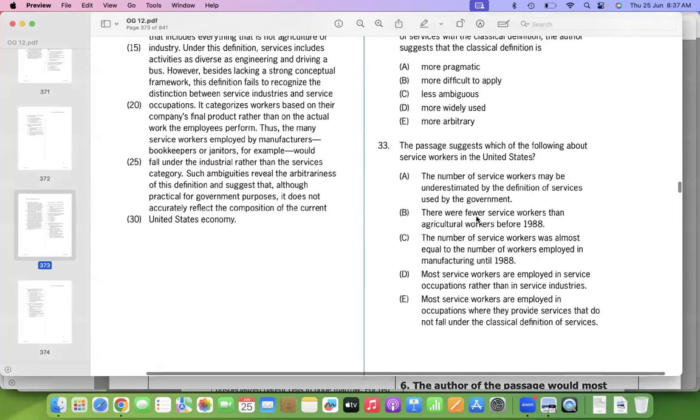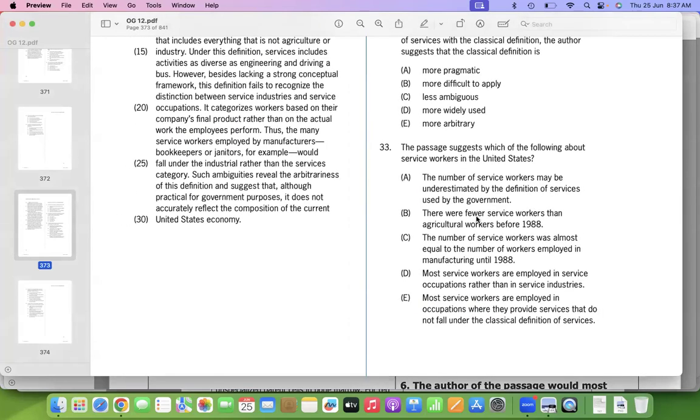I have one doubt actually. So how this maybe will be acting upon E actually? Didn't get you. Please repeat. This number of service workers, maybe it's quite obvious that they have underestimated it. Will the maybe kind of deviate that answer? No. May leaves doors and windows open. It's a good sign for you on inference questions.